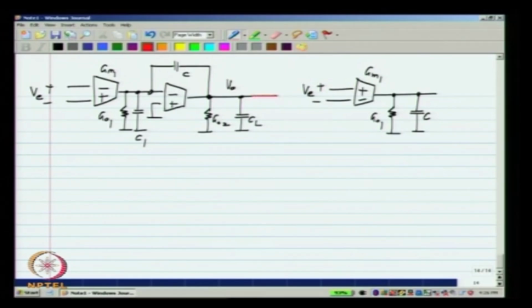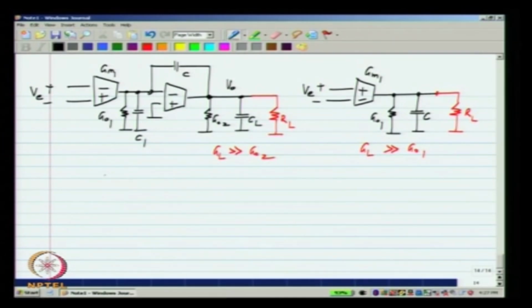Okay. That is, let us say we have an external load which we also connect to this and connect to that one. Okay. And in general, when you do that, it is expected that the load conductance GL is much more than GO1. Okay. That is, RL is much smaller than RO1. Similarly, here GL can be much more than GO2. Okay.